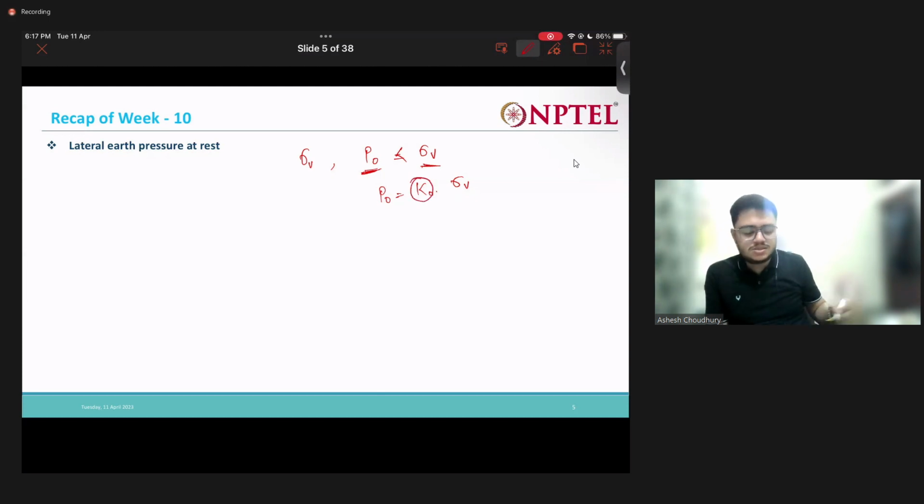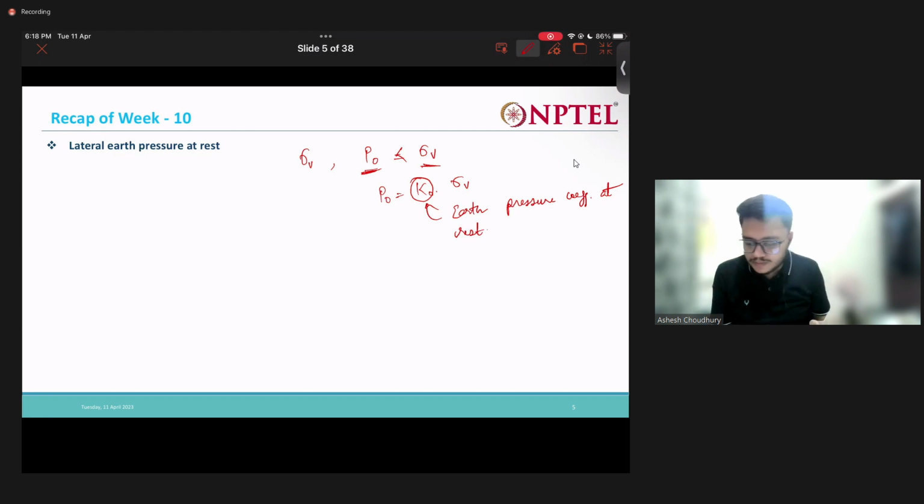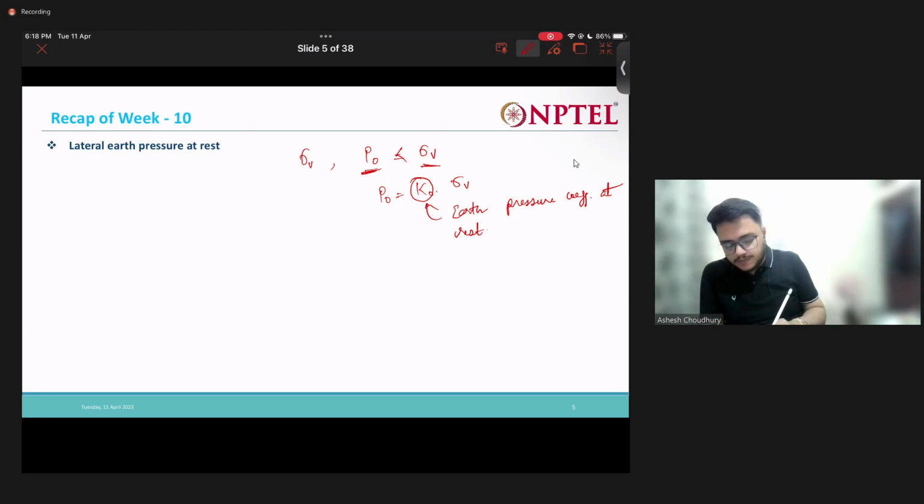Let us determine this K naught, which is known as the earth pressure coefficient at rest. So we can write that our lateral strain, from Hooke's law, is horizontal minus mu into vertical plus horizontal.